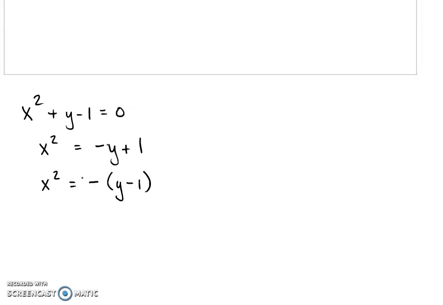And since we have a negative out here, that means we have x squared equals negative 4a times y minus 1. So let's figure out a.